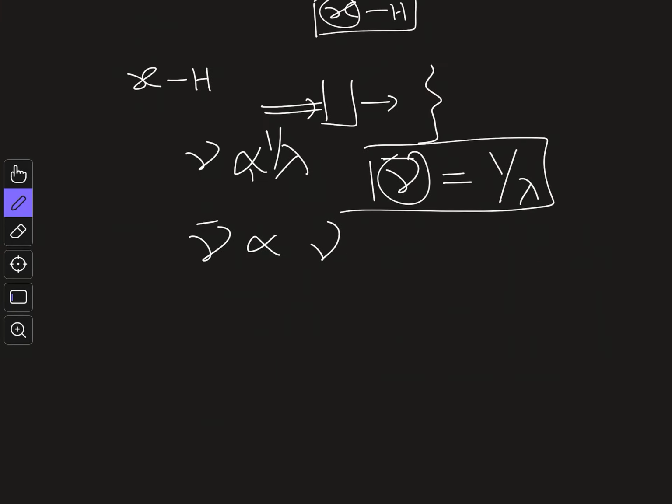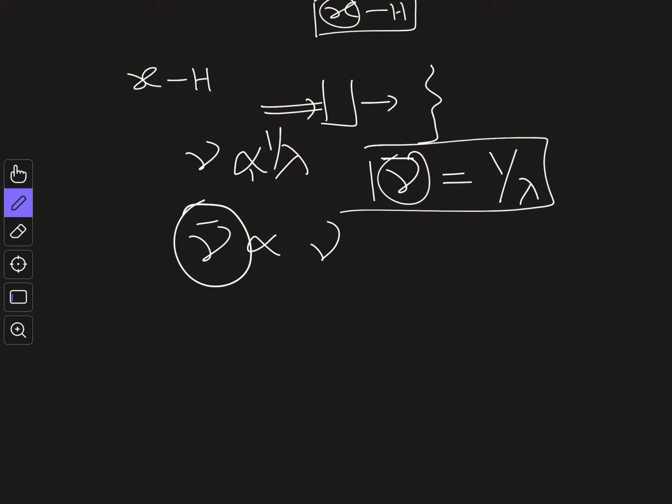That means if a molecule is vibrating at a higher stretching frequency, it will show a high nu bar value and low lambda value. That means a strong field region or a strong electromagnetic radiation region, right?